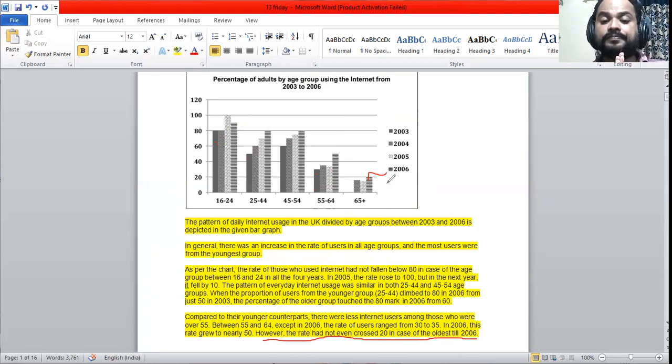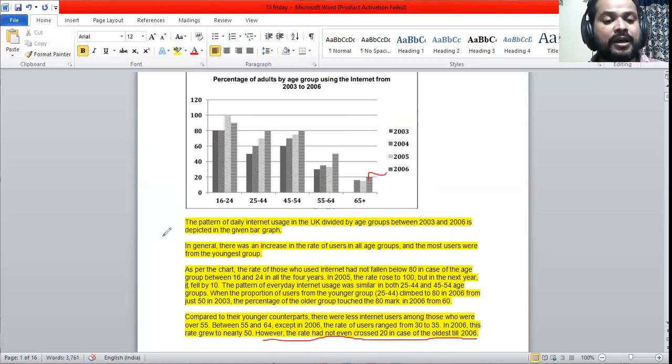And we have completed the task. We have included the main points. We have made comparisons wherever we think it is relevant.